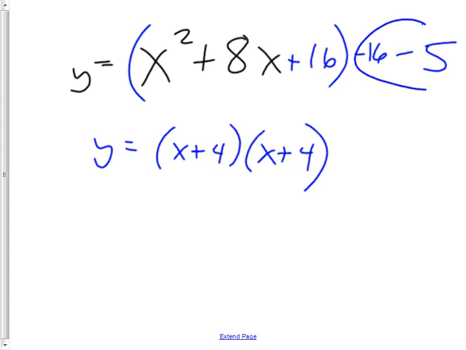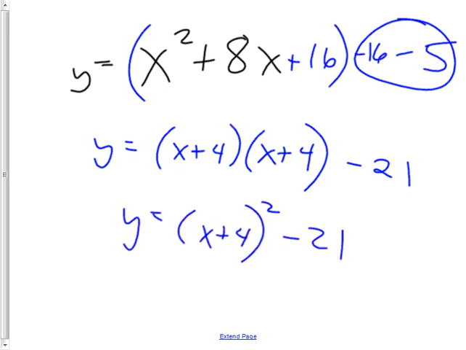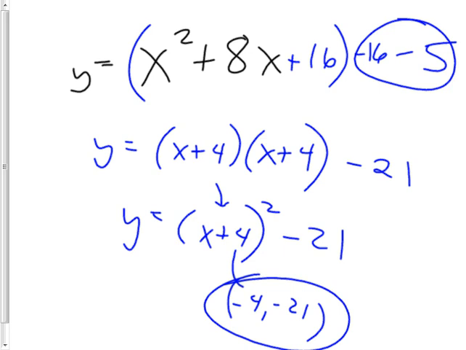And then this part right here gives me the final answer of negative 21, and then I'd go y equals x plus 4 squared minus 21. So there's my vertex. My vertex, remember this is opposite, negative 4 comma negative 21, because the stuff on the inside is counterintuitive. You don't take 4, you take negative 4. All right? Does that ring a bell?